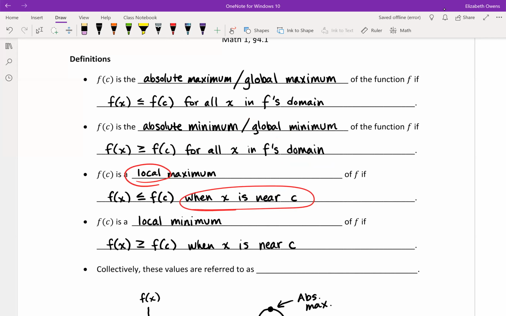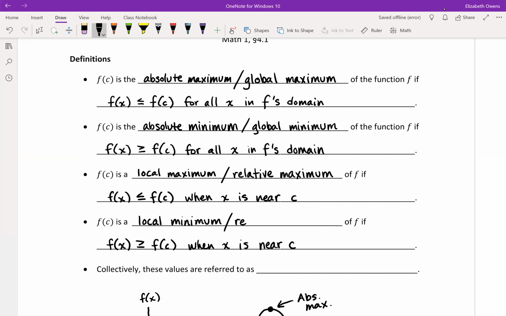So that's why we can call those global maximums and minimums. And then the other term for local is not quite as exciting in my opinion. A local maximum can also be called a relative maximum. All right, and a local minimum can also be called a relative minimum.